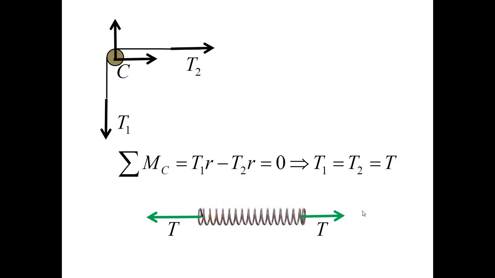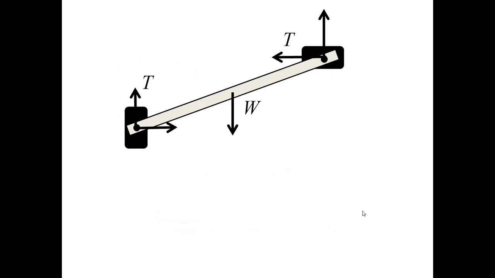With this in mind, I can proceed to the final free body diagram, and here I show the forces T and T and the weight. And again, I will economize things a bit, and I will draw a line that coincides with this horizontal force and a line that coincides with this vertical force.